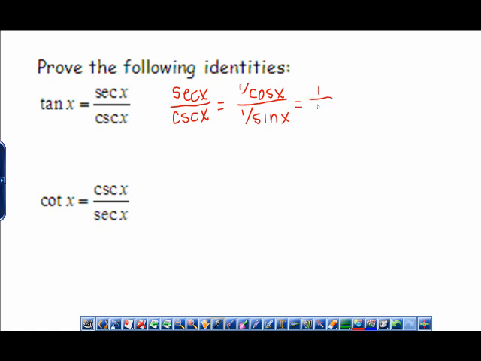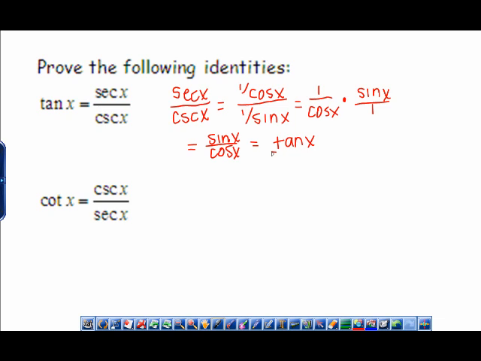When you're dividing fractions, remember that's the same as multiplying by the reciprocal. So this would be the same as multiplying by sine x over 1. If I multiply straight across, I get sine x in the numerator and cosine x in the denominator, and I have an identity that says sine x divided by cosine x equals tangent of x.